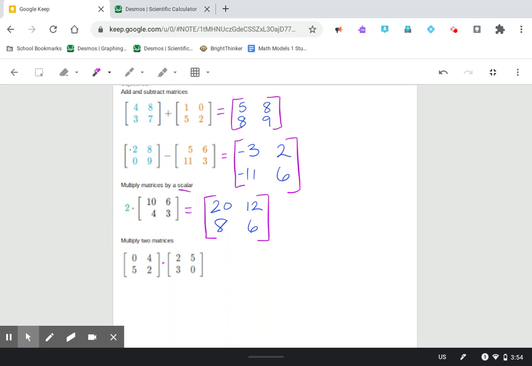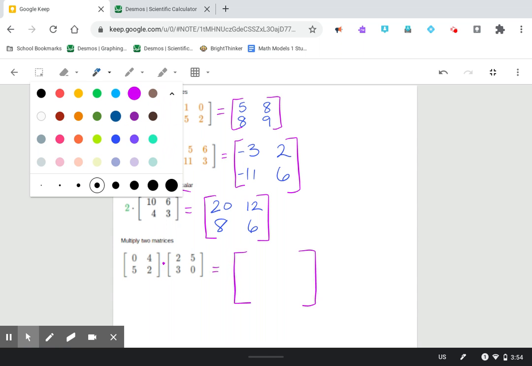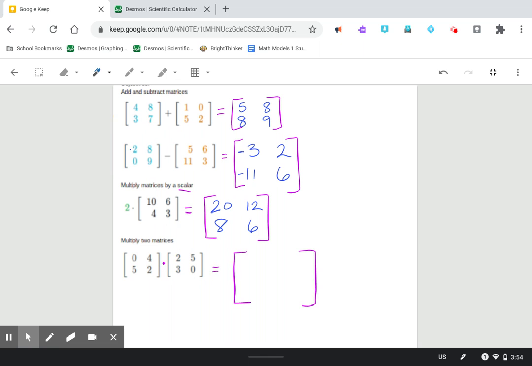But when I multiply 2 matrices by each other, it plays out a little bit differently. So I'm going to write some notation here, just to help us along. Remember that each spot tells us to multiply by a row and column pair.